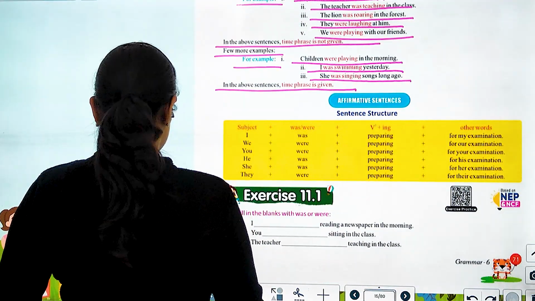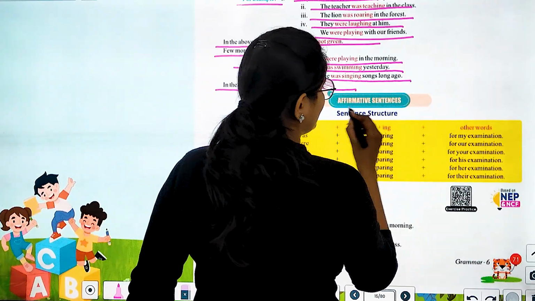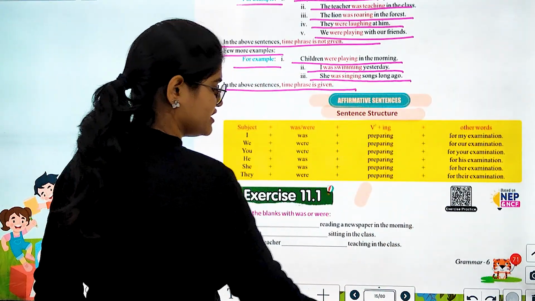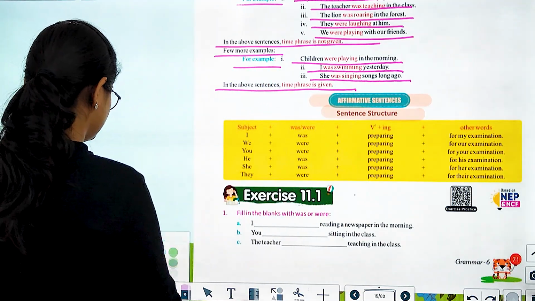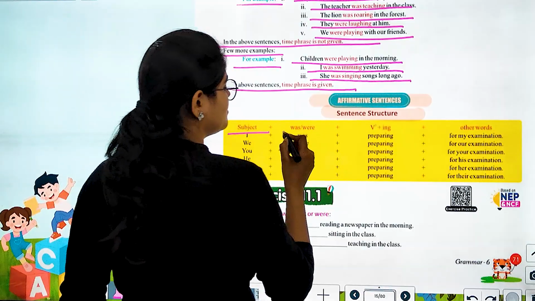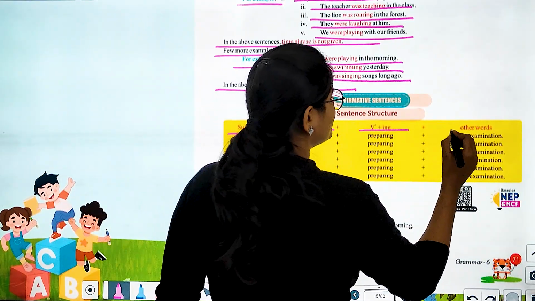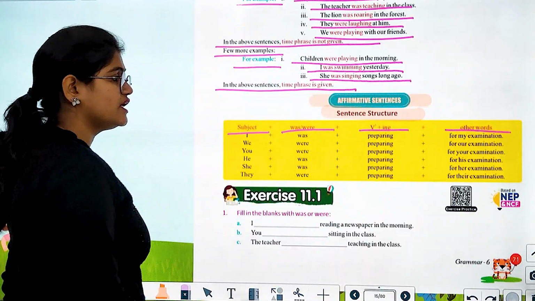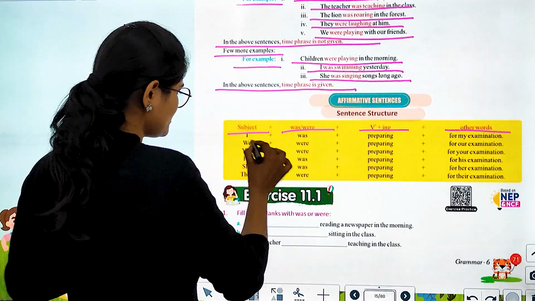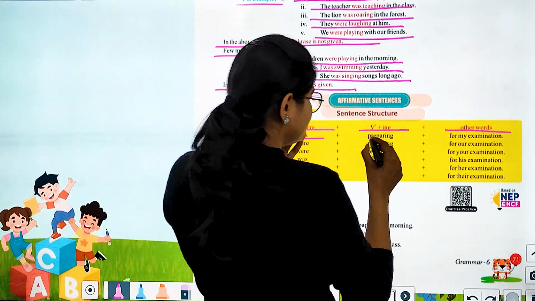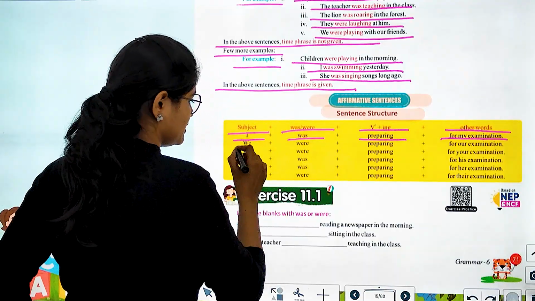So, moving ahead, we have the structures of the sentences. First of all, let's have a look on the affirmative sentences structure. Correct? So, they say subject plus was/were plus verb का first form with ing plus the other words. So, I was preparing for my examination.